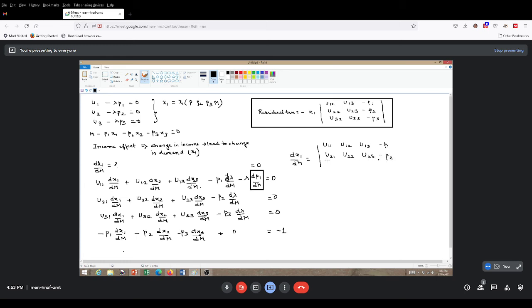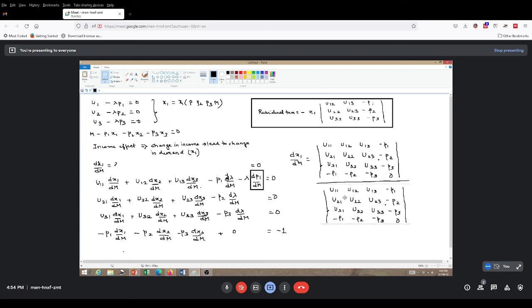Let me finish writing it, then I'll change it. So this is the numerator.